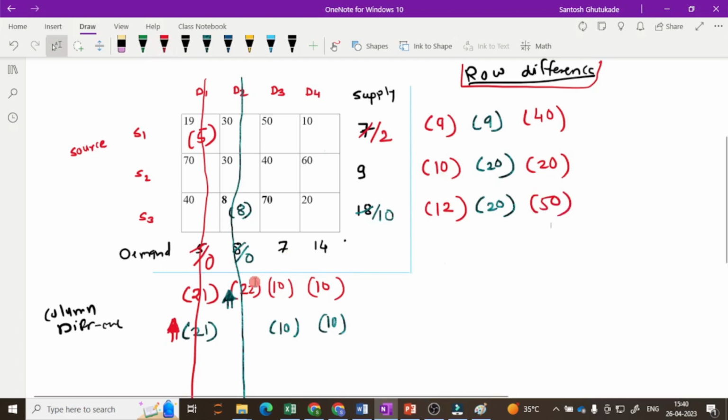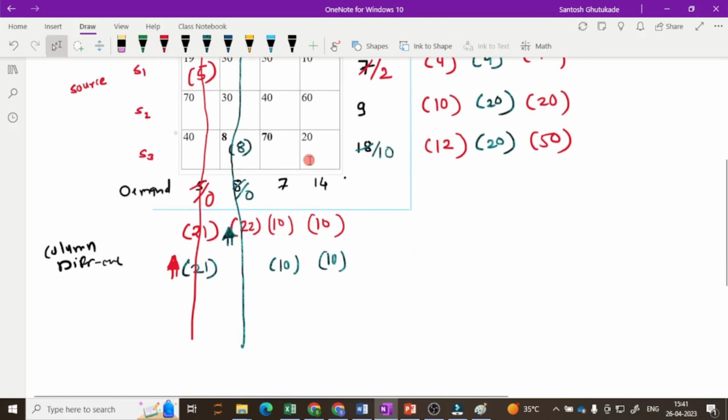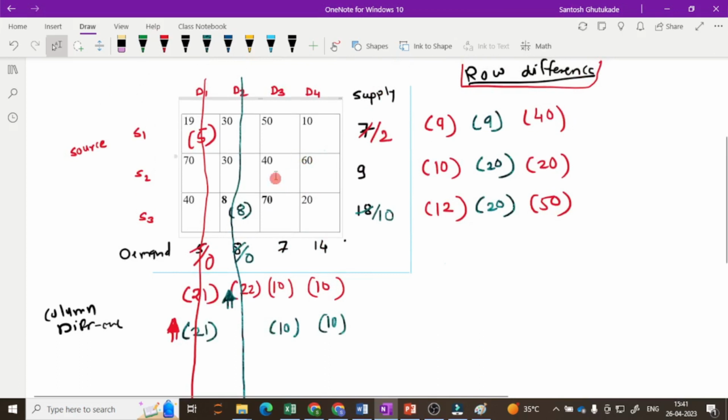Now similarly we are calculating the penalty for the columns also. The first two columns are cancelled, and now the third column has 50, 40, 70. So the minimum is 40, the next minimum is 50, so 10 is the penalty. And here 10, 20, 60, so 10 is again the penalty. Now from this third set of penalties 40, 20, 50, 10, 10, the maximum penalty is 50.